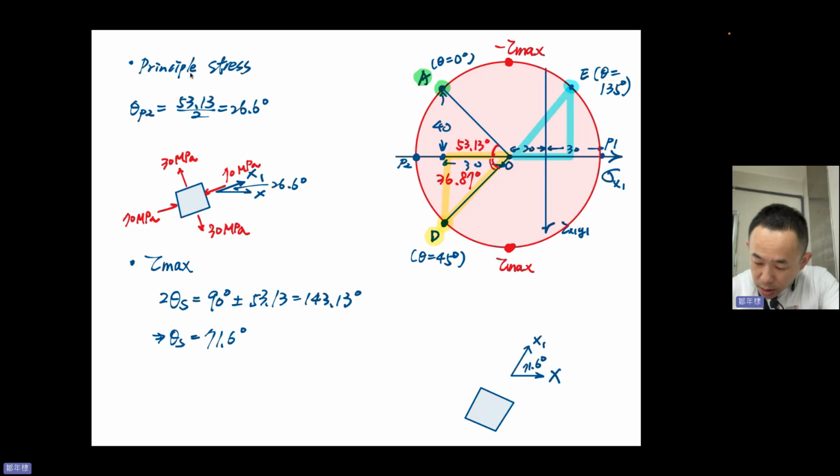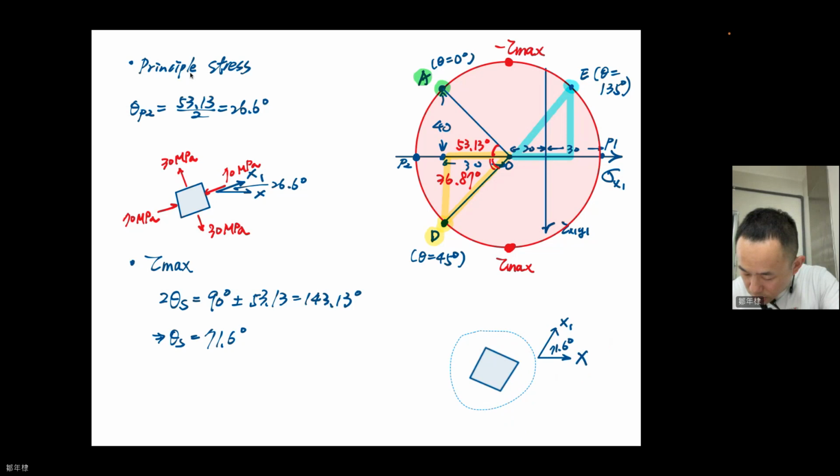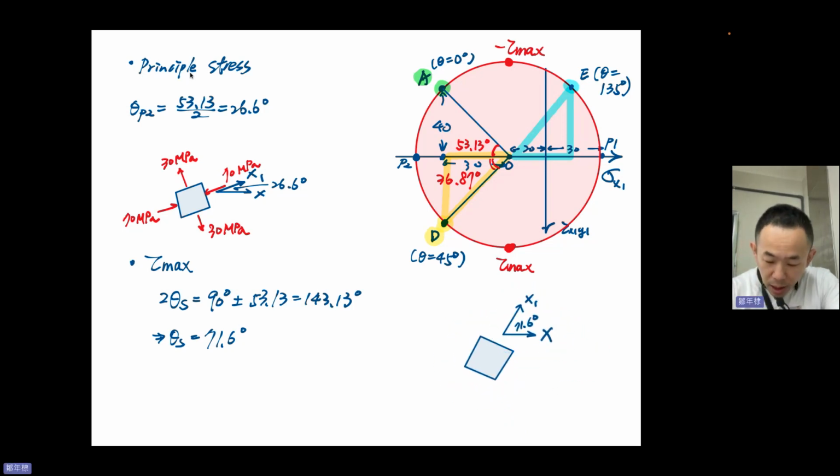Okay, and then what will it be? The pink one. I give you a pink max point, and in the real world it is 71.6. All right, and what is the value? Tau max. Tau max is positive R, 50.